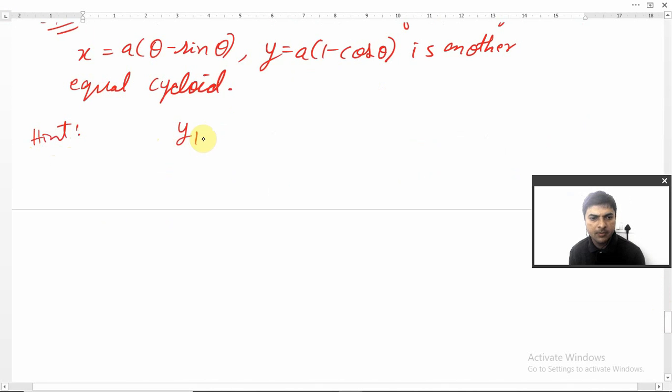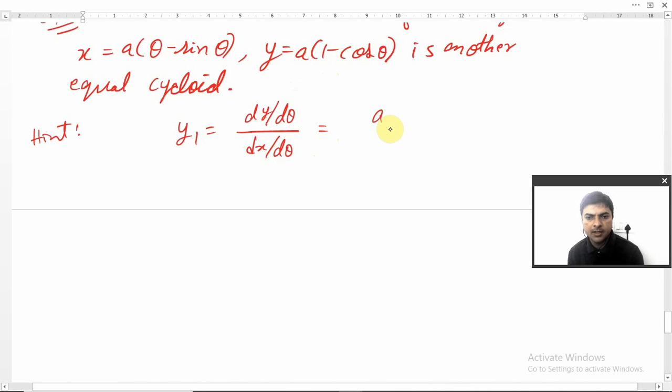equations. So just remember, y1 I will take, that is dy by dx. So I will take here dy by d theta divided by dx by d theta. So this is nothing but differentiation of this y is equal to a into 1 minus cos theta. If you take, so a you will get, differentiation of 1 is 0, minus cos theta, differentiation is minus into minus will become plus sin theta.